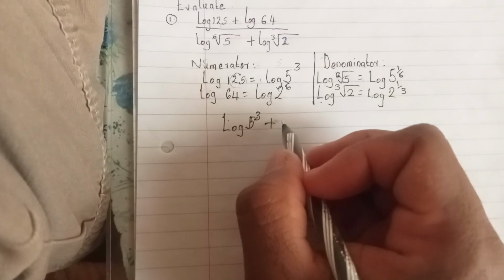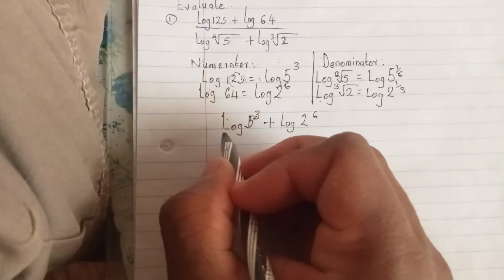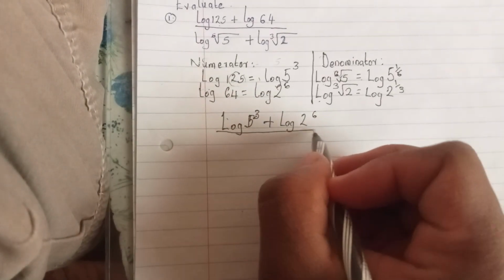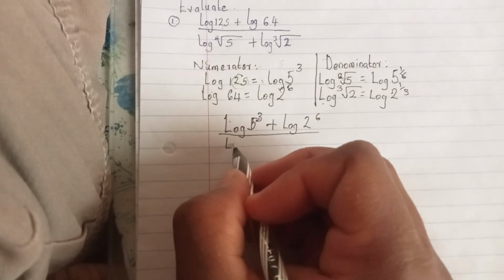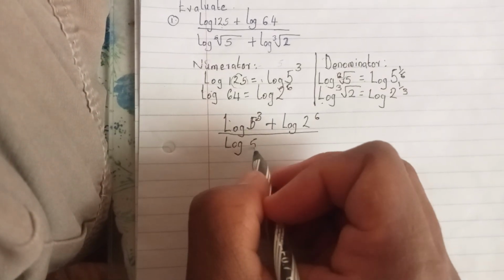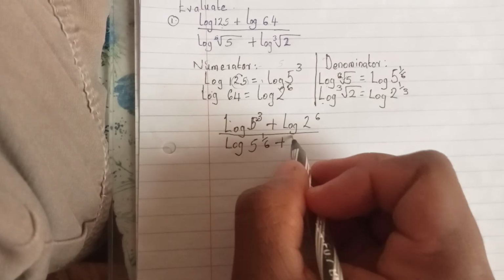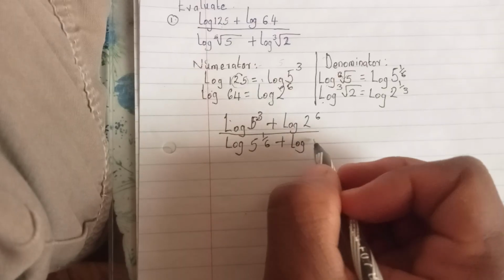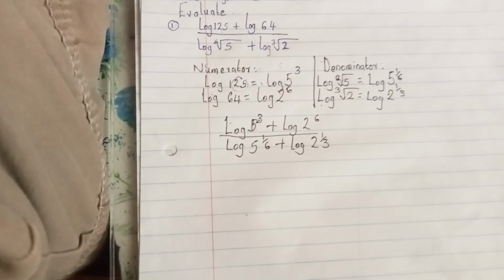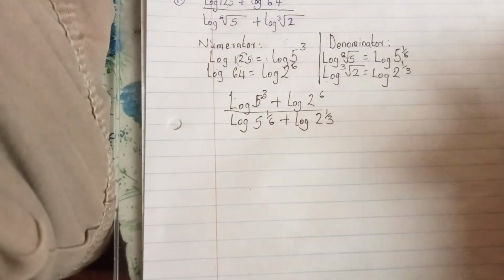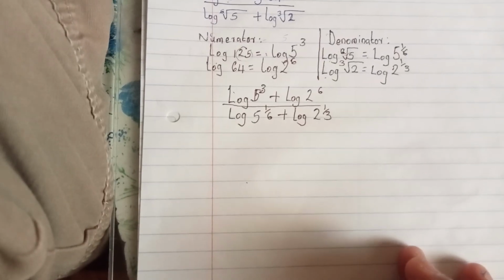Then plus log 2 power 6, over log 5 power 1 over 6 plus log 2 power 1 over 3. Hope we are there all together. Done.